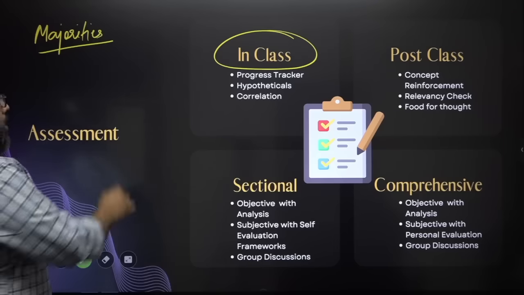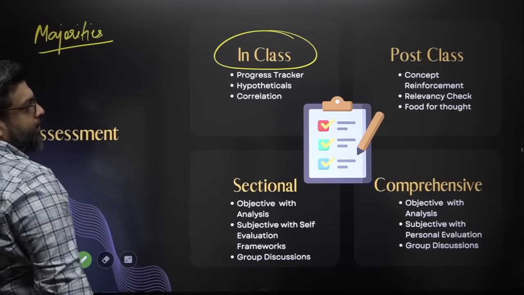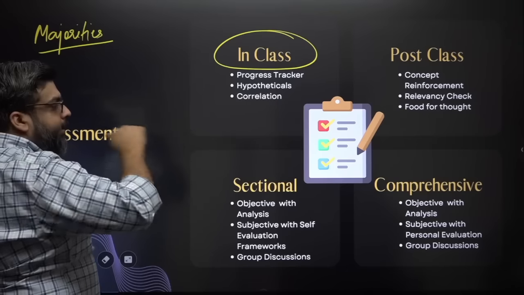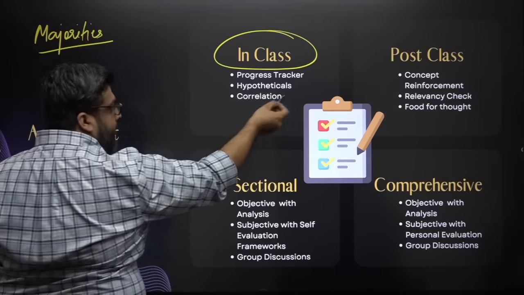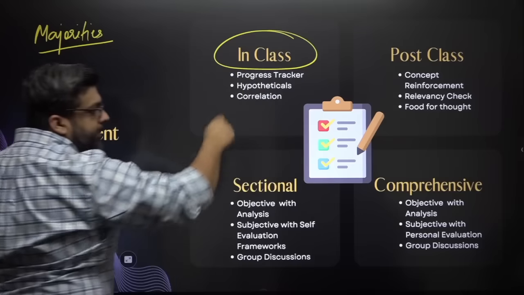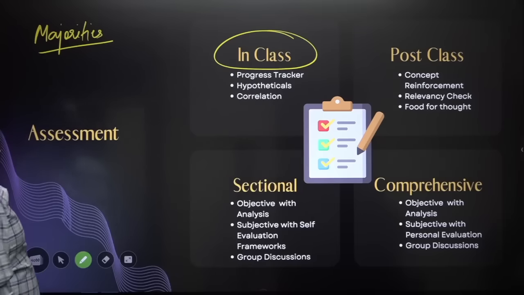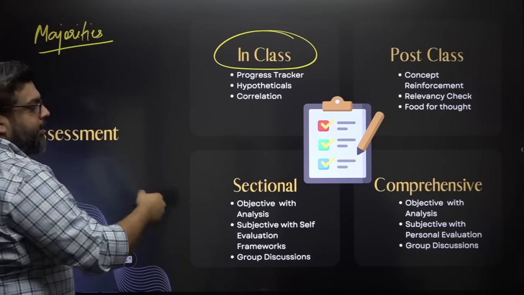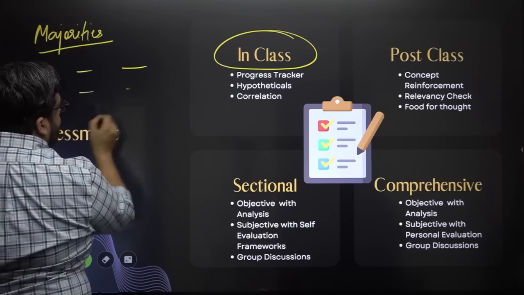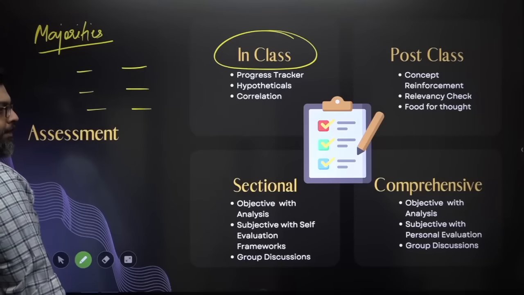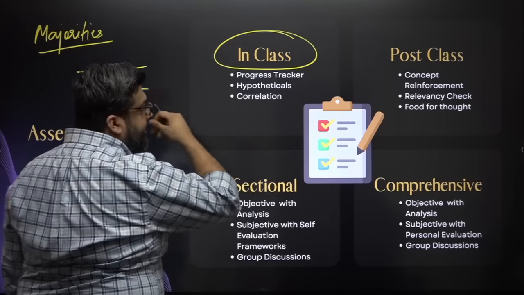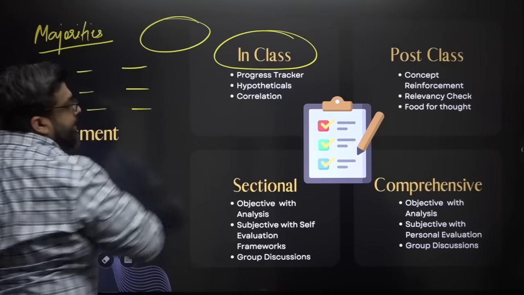Majorities. Once I've taught you the basics of majorities, in the lecture itself, I will include some self-evaluation questions. For example, I'll ask you a quick revision question on matching majorities with their uses. Then to truly test your understanding, I will create a hypothetical scenario.